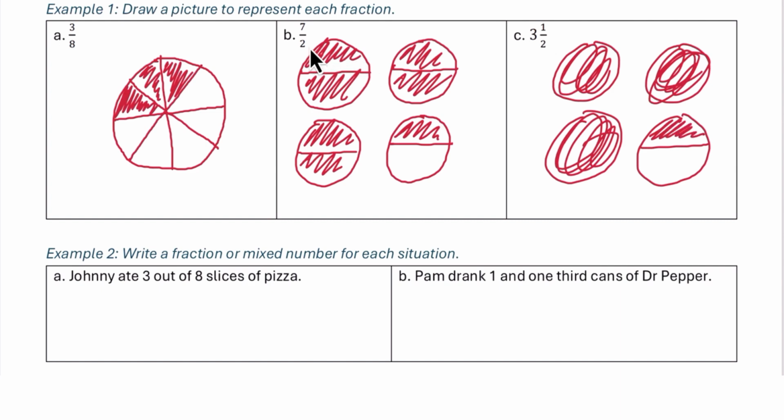Notice that the improper fraction 7/2 and the mixed number 3 1/2 are the same thing. We'll talk more about that later in another video when we start converting between mixed numbers and improper fractions.